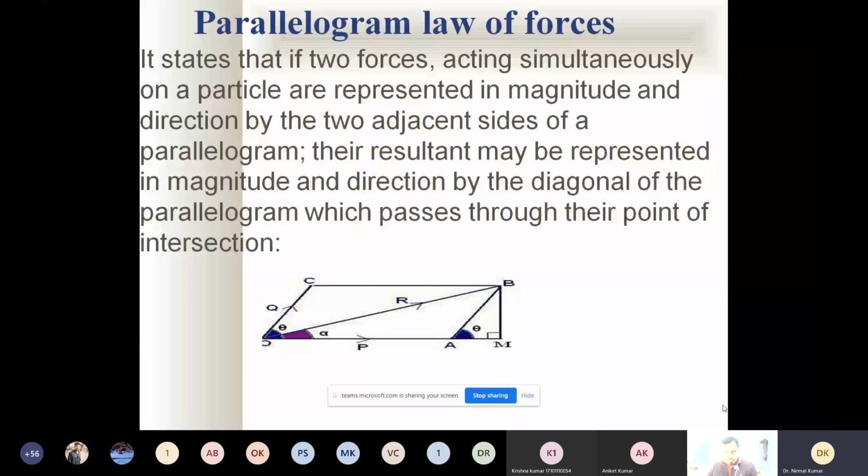Again I am repeating, some of you may feel bored, may not like it, may find this session dull, still I am repeating the parallelogram law of forces. If two concurrent forces acting at a point are represented by two sides of a parallelogram, then the resultant of these two forces will be the diagonal of the parallelogram.